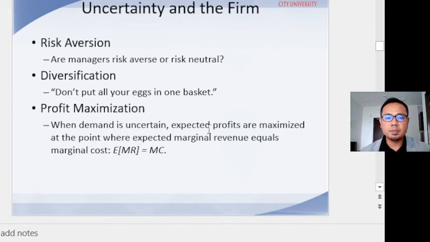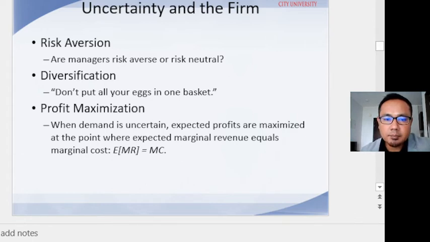One of the very common ways to do this is to not put all your eggs in one basket. This principle can be used not only for managers but for any individual planning to do investment, for example. They don't keep their money in just one investment. Sometimes they will divide it into a few investments, and then the risk will be lower.